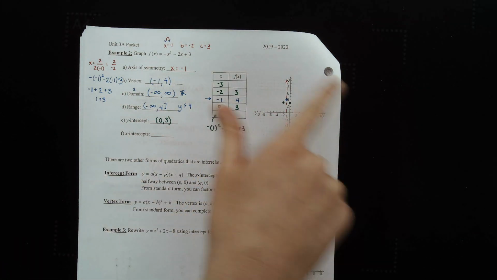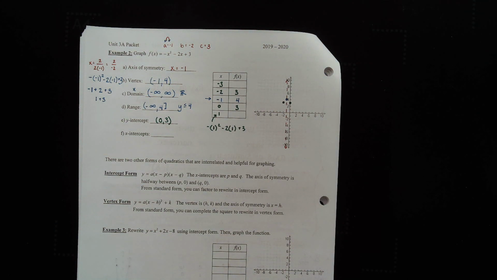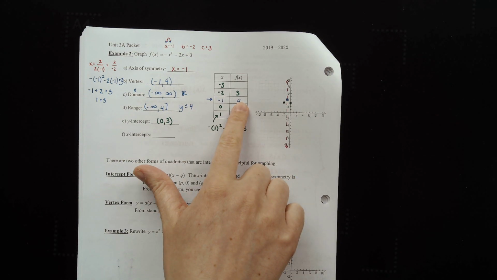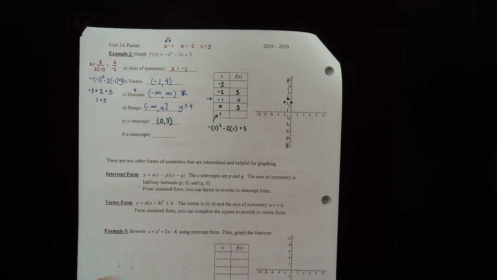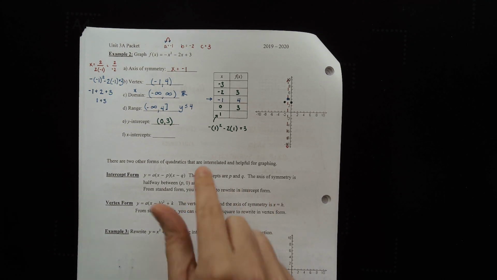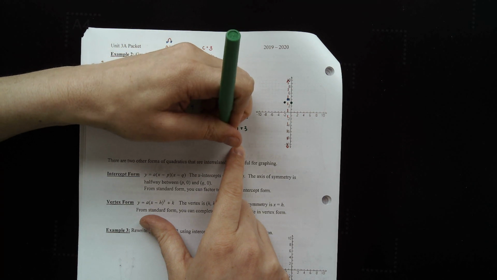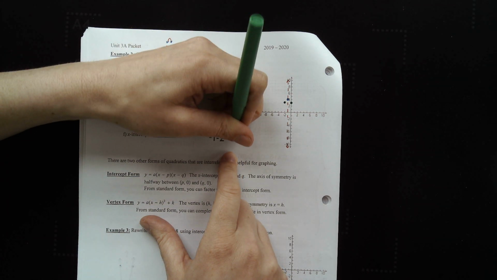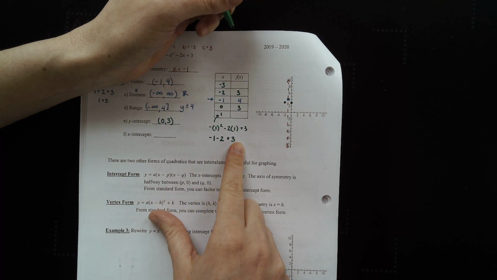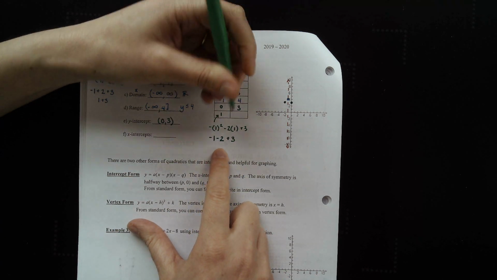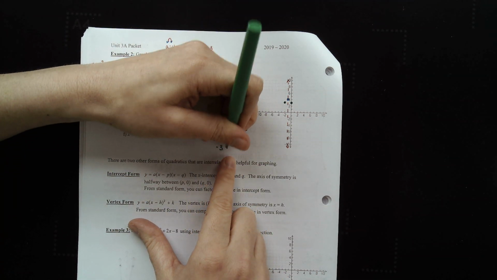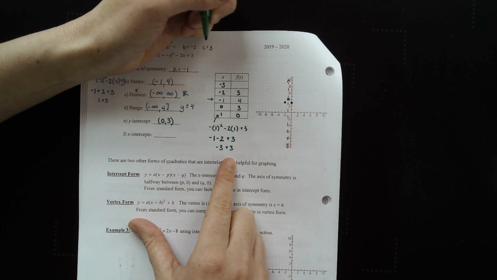So any x value, you can find a point on here just by plugging in that value. The most important value to find is your vertex because everything stems off of that. But once you find your vertex, you can really just plug in the values around it. So 1 squared is 1, so that's negative 1 minus 2 plus 3. So left to right, negative 1 minus 2 is negative 3 plus 3, that's 0.